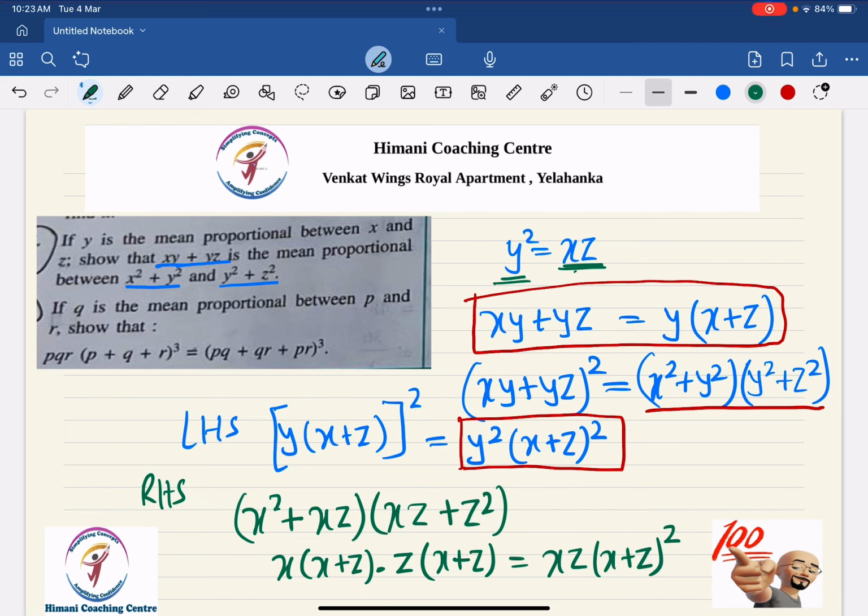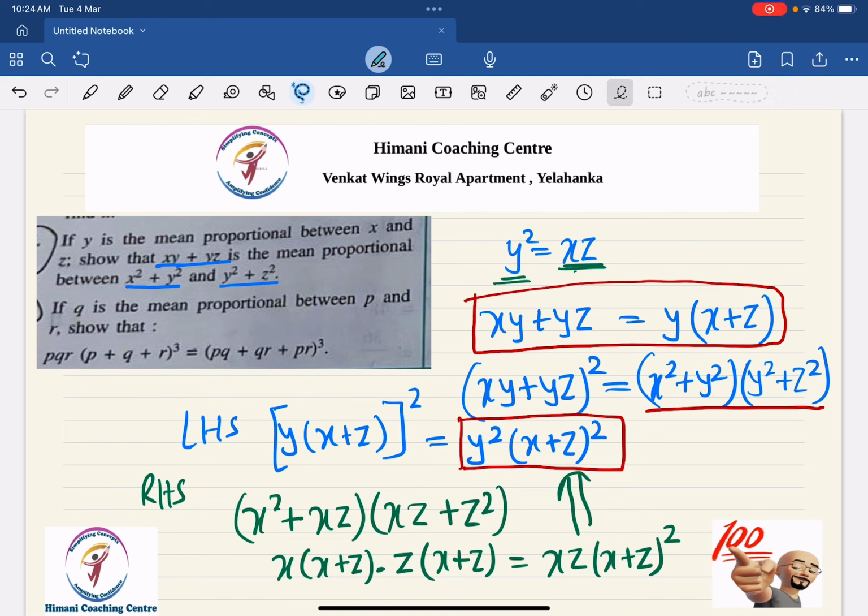So eventually what have we proved? That RHS and LHS both are equal. So that's how we solve this question. I would want you to pause the video and note the working, and then we move to the second question.